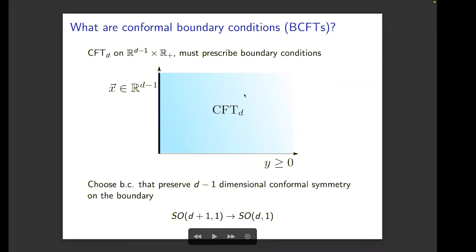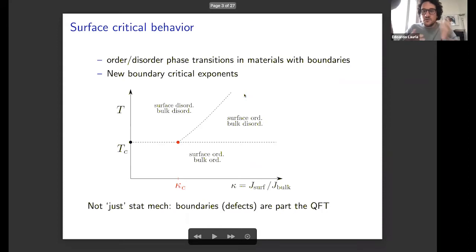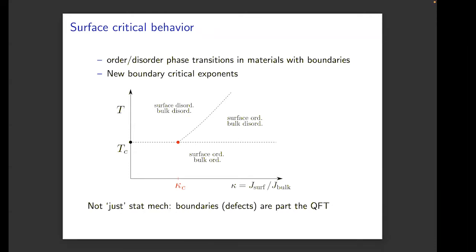This definition is very good because it describes the so-called surface critical behavior. What is the surface critical behavior? If you study order-disorder phase transitions in materials with boundaries, like a classic ferromagnet that is finite in space, you observe new scaling laws and new critical exponents that appear near the edge of the material.